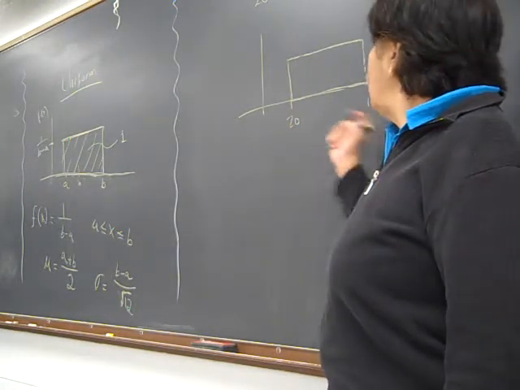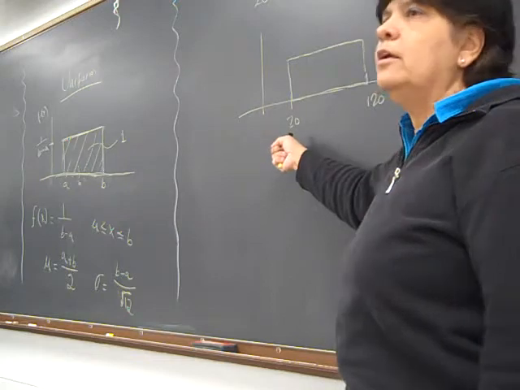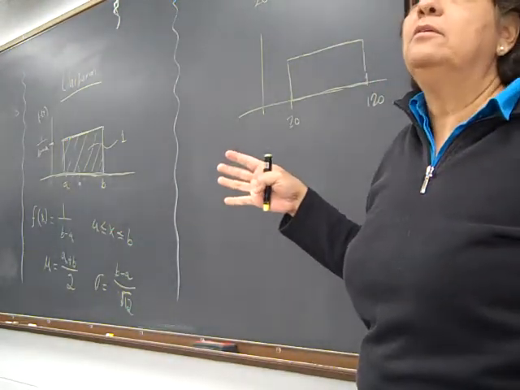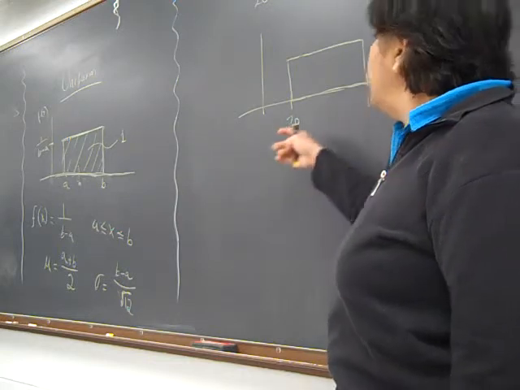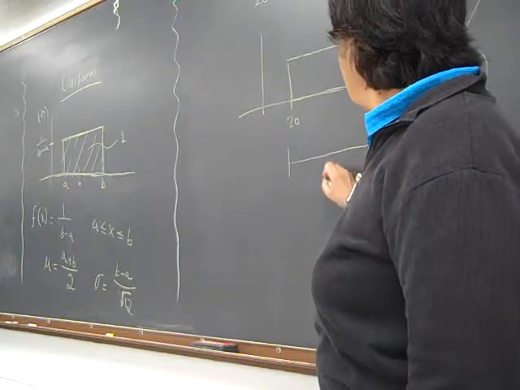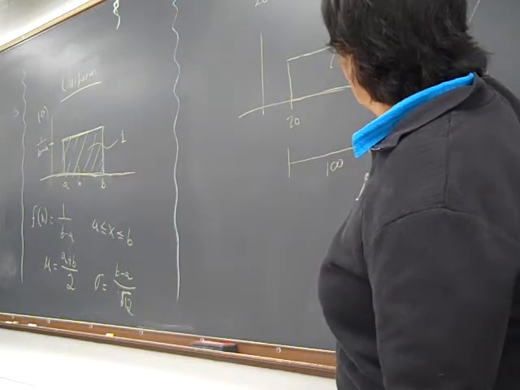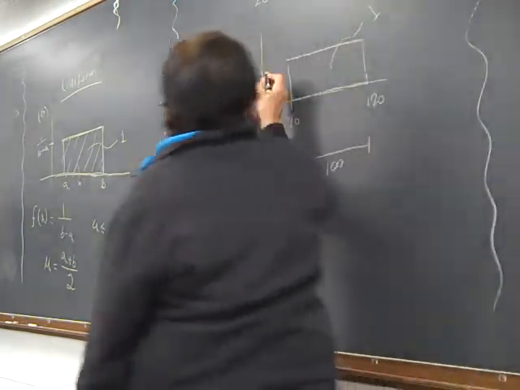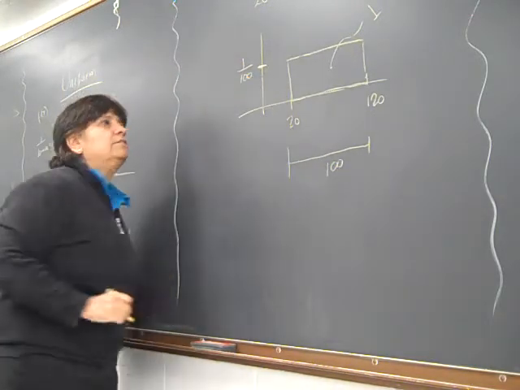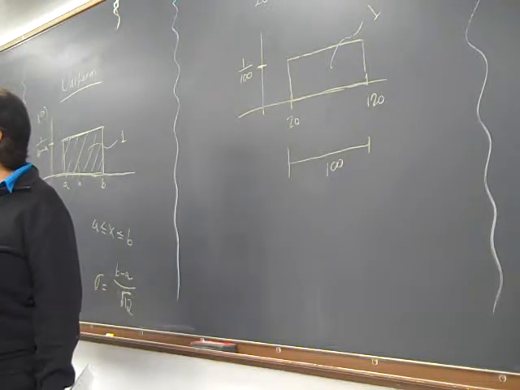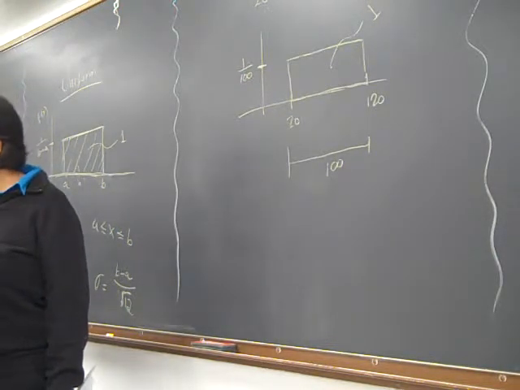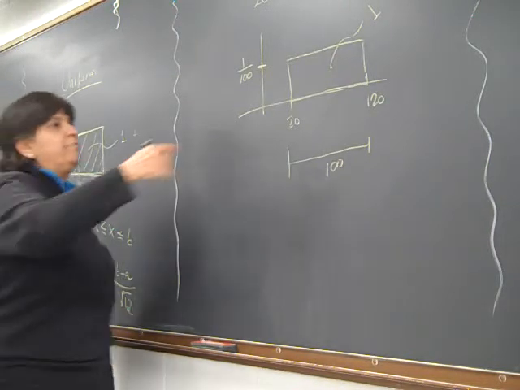So what is the length of that interval? 120 minus 20. Over here we have 100. In order for this to be 1, this one has to be what? 1 divided by 100. Right? 1 divided by b minus a.